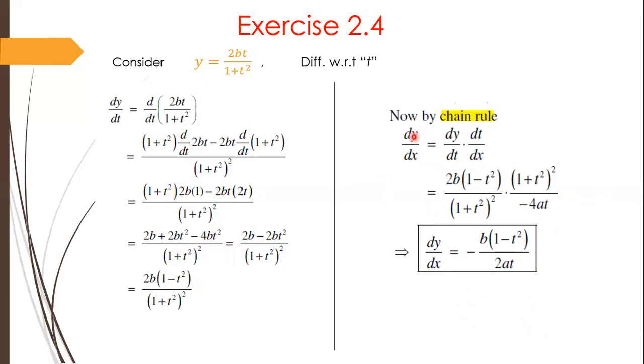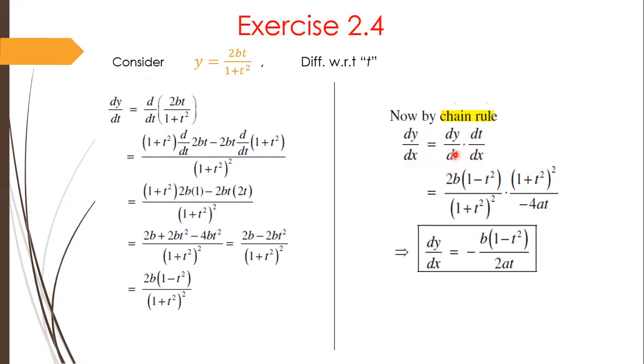Now, by the chain rule, dy by dx is equal to dy by dt into dt by dx. Here, other than x and y, the third variable is t. So dy in the numerator, dx in the denominator, and dt in the numerator as well as the denominator.